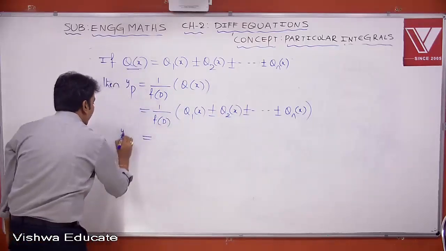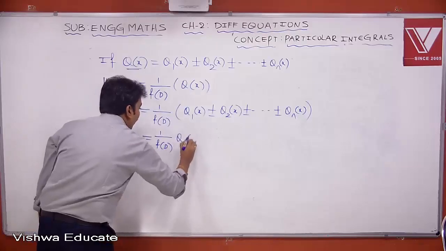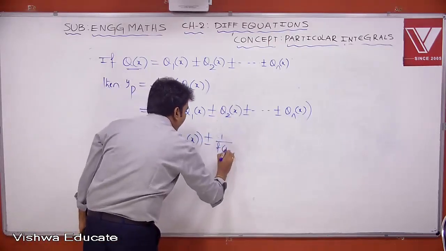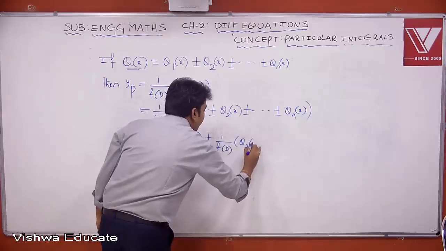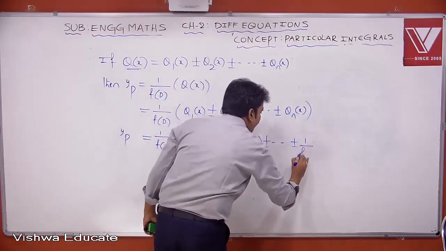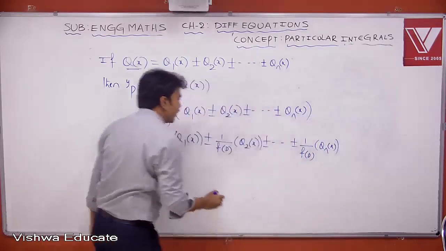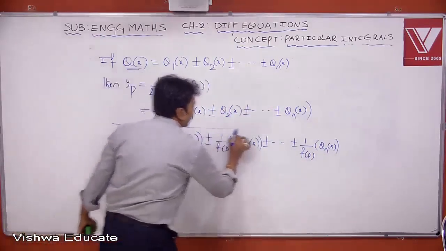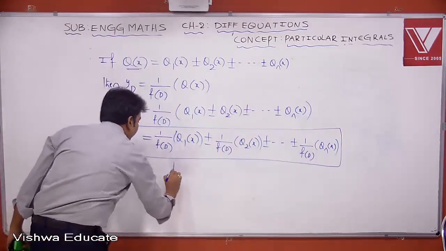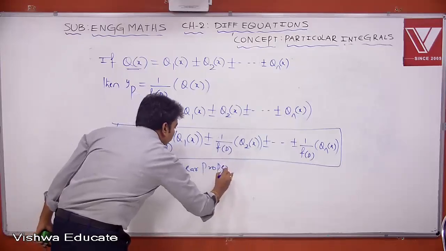Therefore, in this case yp equals 1 by f of d of q1 of x plus or minus 1 by f of d of q2 of x plus or minus and so on, plus or minus 1 by f of d of qn of x. Basically, this is called the linear property for particular integrals.